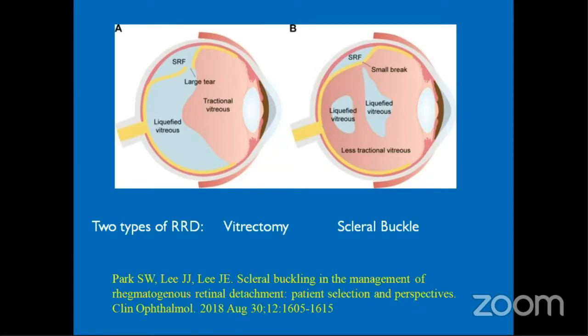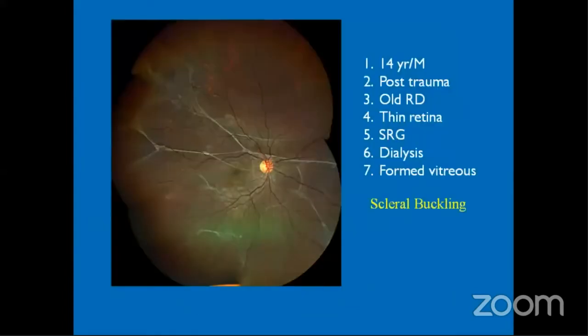They are associated with liquefied vitreous, and there are chances of multiple breaks. So vitrectomy is a better choice, compared to the break where you see a very small atrophic break, as we can see in figure B, and where the vitreous is separated. These detachments tend to be small and they progress very slowly. They are very good candidates for scleral buckle.